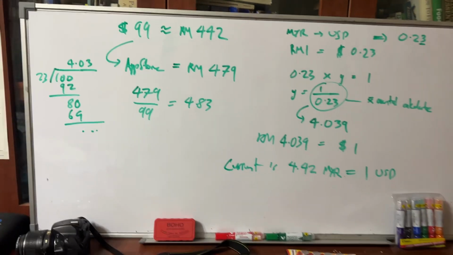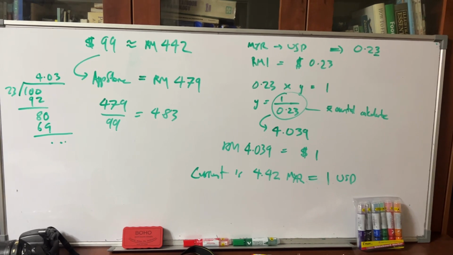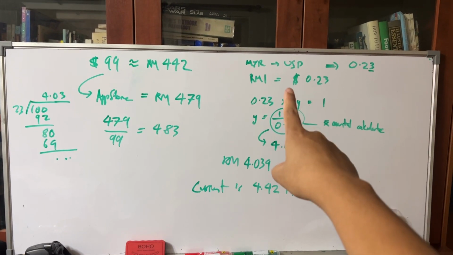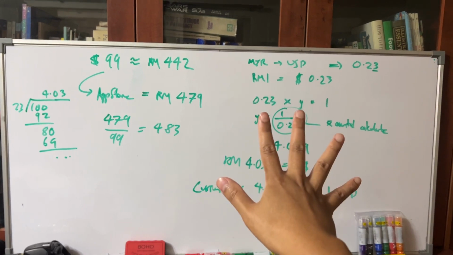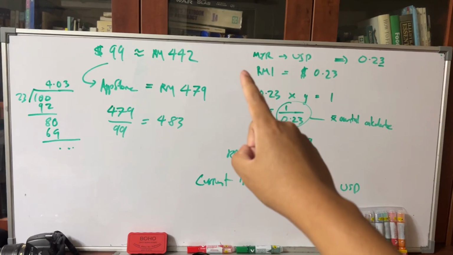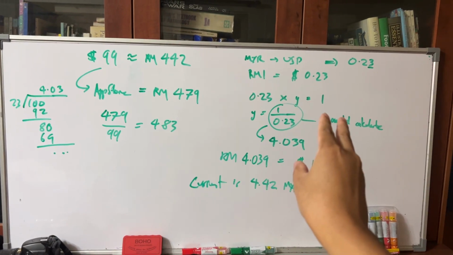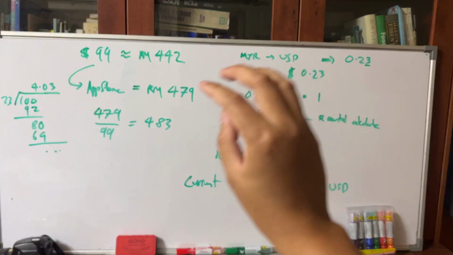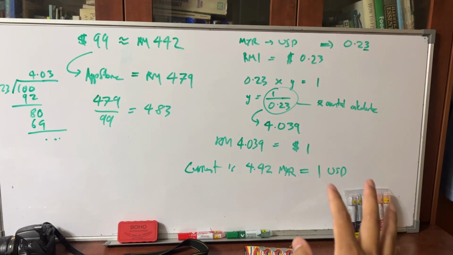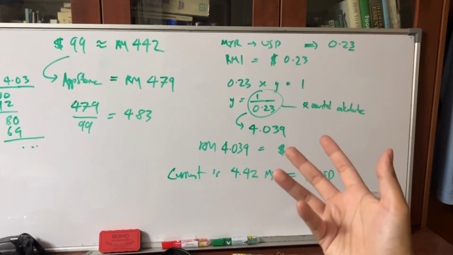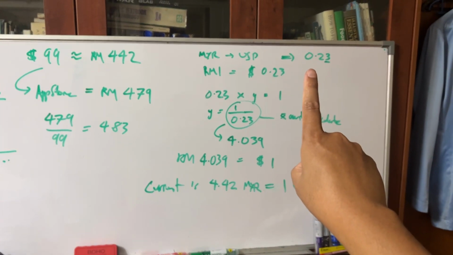Anyway, that's it about converting from Malaysian ringgit to USD. So once again, if you want to do a conversion, convert from a bigger currency to a smaller currency, USD to Malaysian ringgit. Do not Google a conversion for a smaller currency into a bigger currency, because then you will get a decimal value.